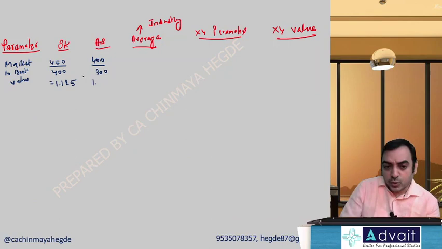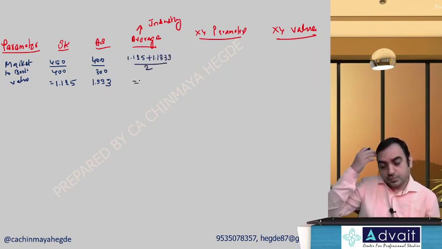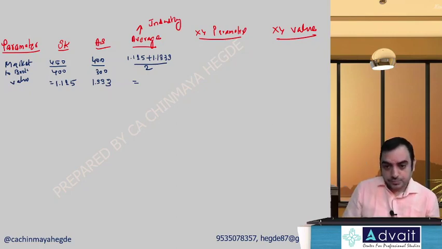You can take 2 decimals also. Since 125 I am taking, here I will take 3 decimals. So, average 1.125 plus 1.133 divided by 2, 1.129.